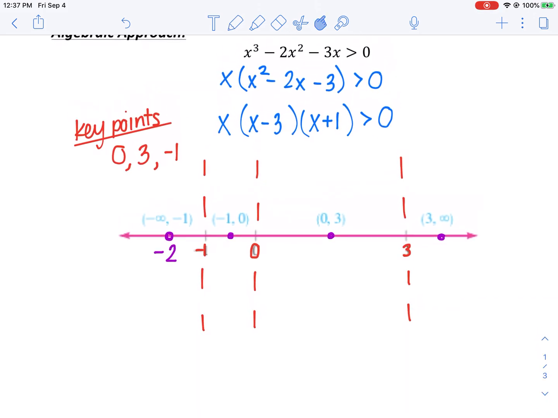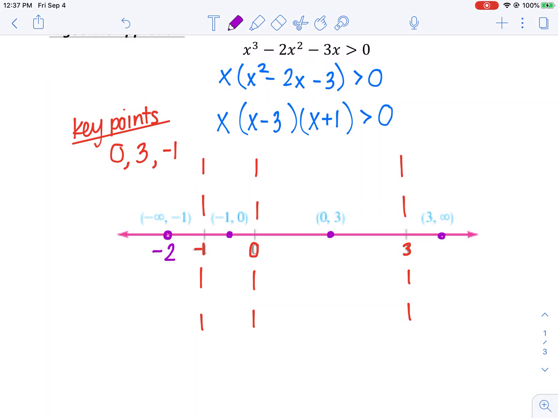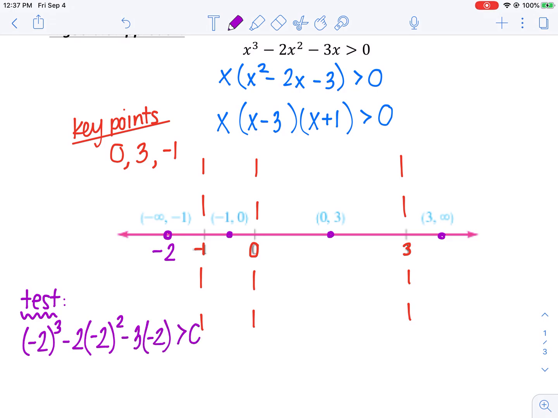No rhyme or reason why I picked -2, but let's pick -2. I'm going to plug it into the original equation. So notice I'm going to call this my test. My normal inequality up there, it would look like -2 cubed minus 2 times -2 squared minus 3 times -2. Is that greater than 0?